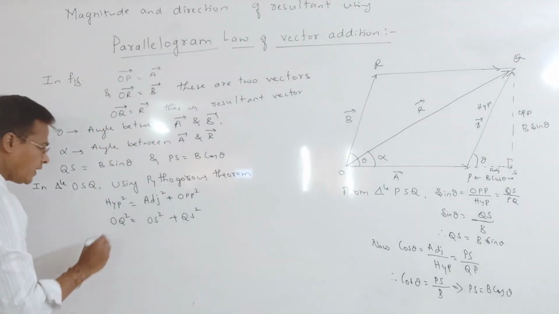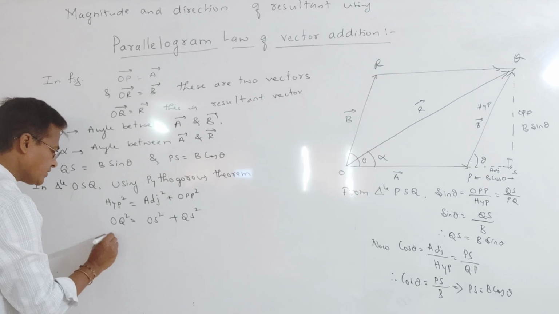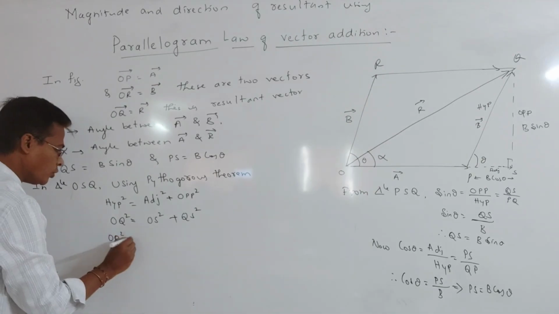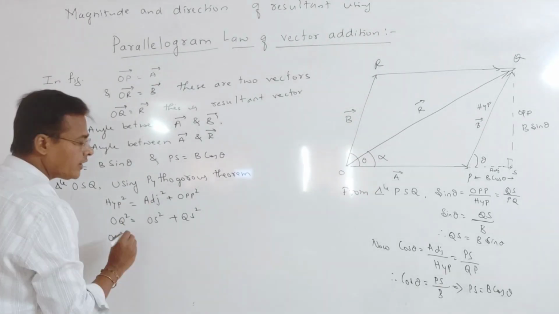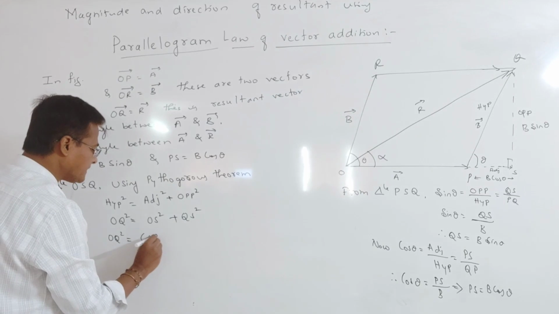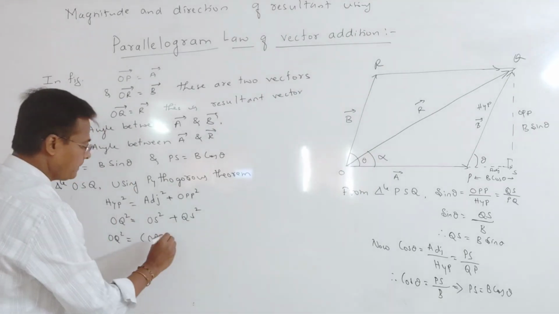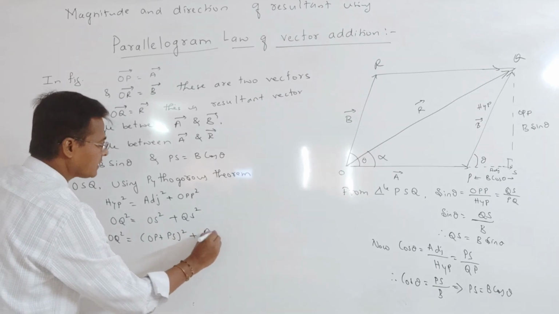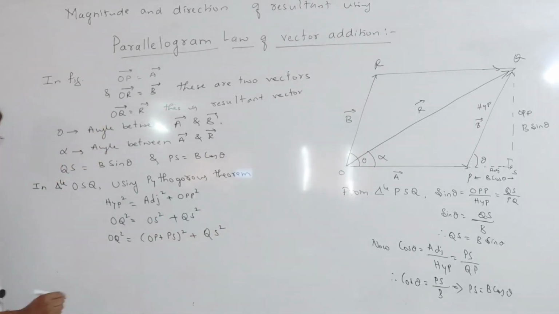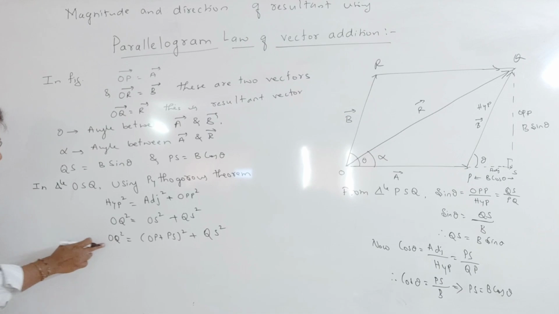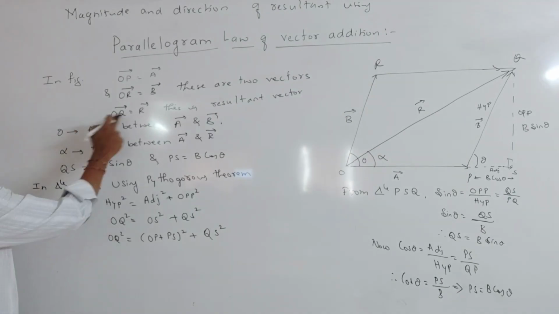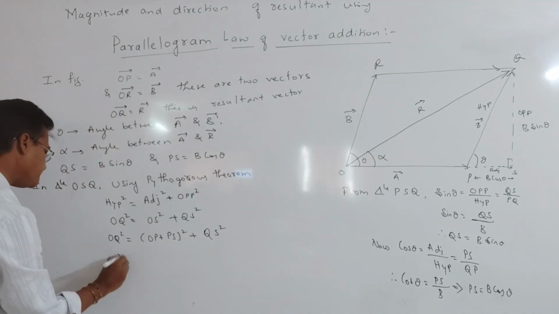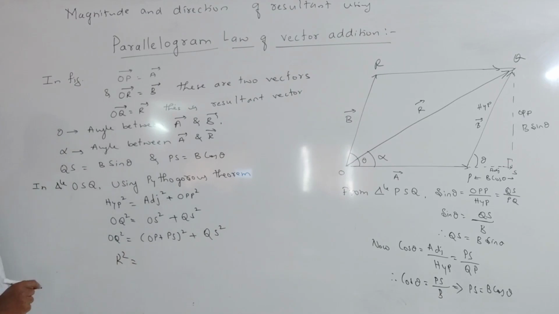So now OQ square, we can write down as OQ square equal to OS square, you can write down the OP plus PS square plus QS square. Now we will substitute the values. OQ square is R square equal to.